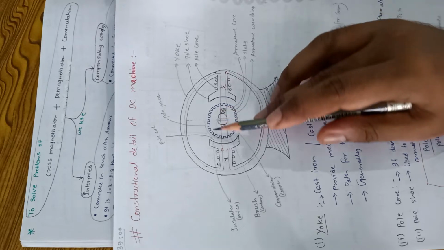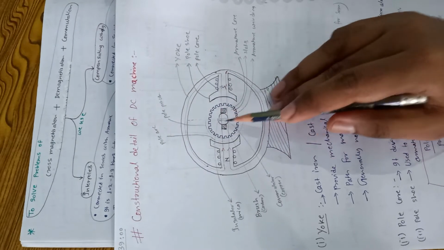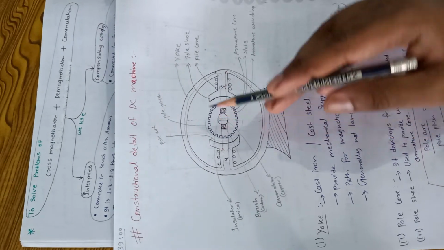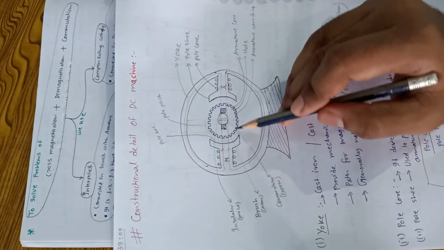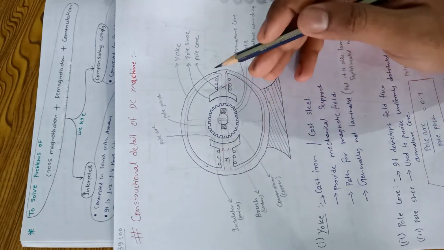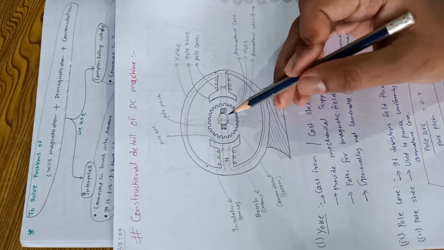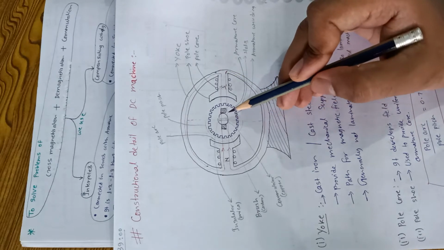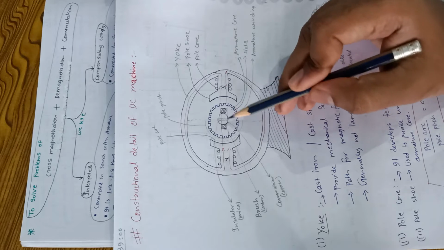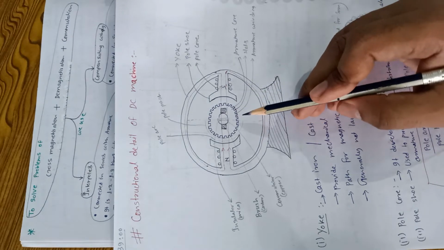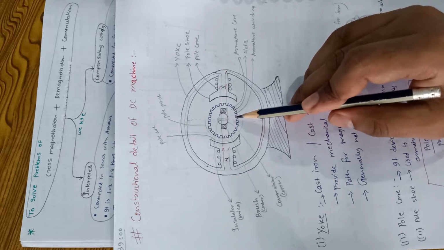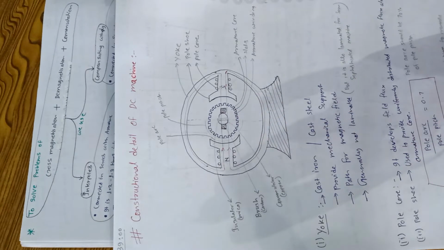Due to the load, current flows, and due to that current, armature flux is produced, and due to the interaction between armature flux and field flux, a further torque is produced that will oppose the prime mover. So finally we saw that both motoring action and generating action are present in the case of a generator.